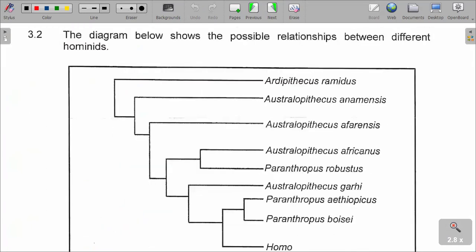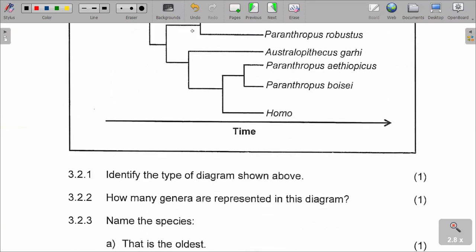The next question is saying the diagram shows possible relationships between hominids. We are given this evolutionary diagram that we need to understand, so let's just answer the questions that are there.